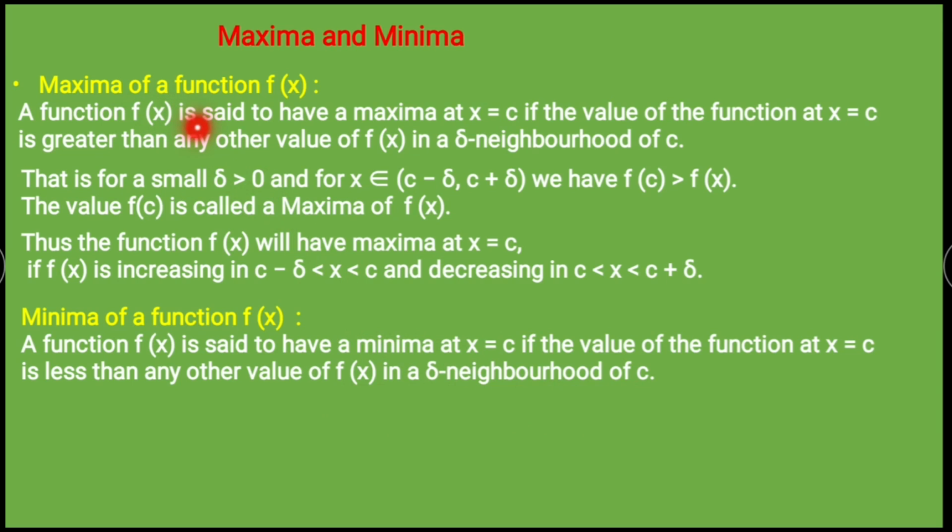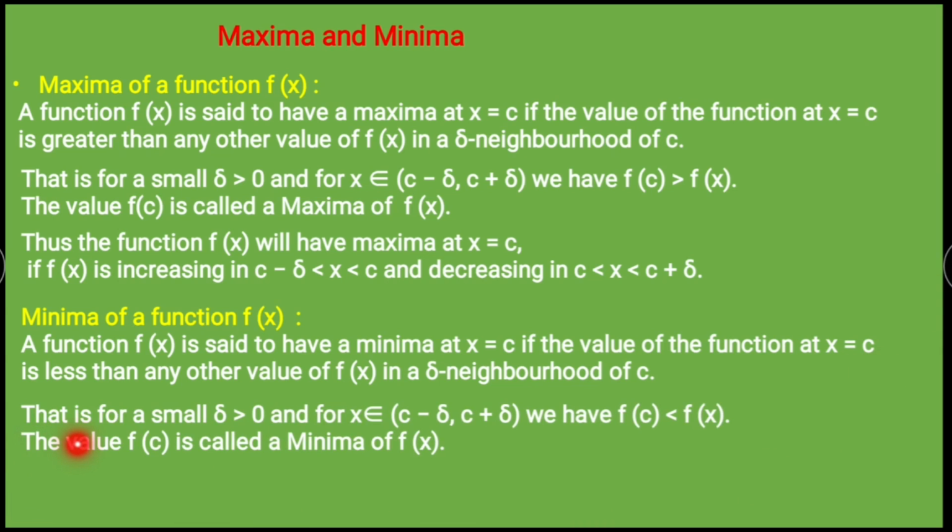That means in maxima, the f of x at x equals to c has greater value than any other value of x belonging to delta neighborhood of c, and in minima of function, the value of f of x at x equals to c is less than any other value of x belongs to delta neighborhood of c.